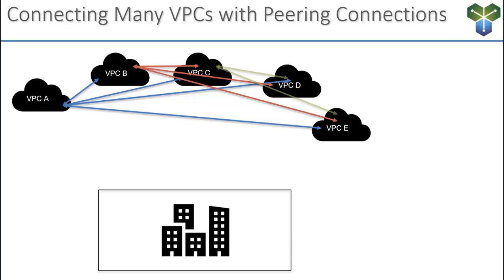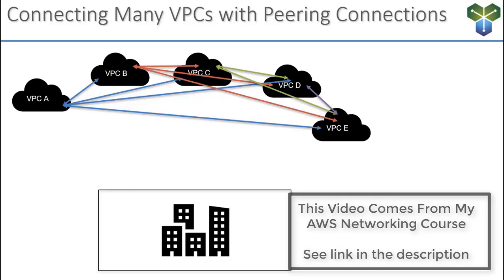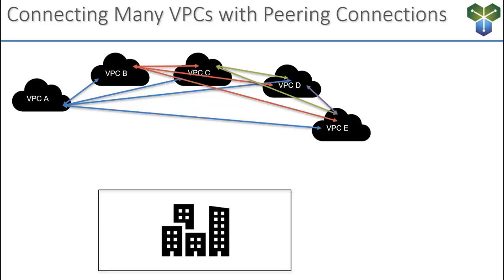And same thing for VPC C and VPC D. And when it's all said and done, I actually end up creating a total of 10 VPC peering connections to allow these 5 VPCs to communicate amongst themselves, along with all of the associated route table entries.